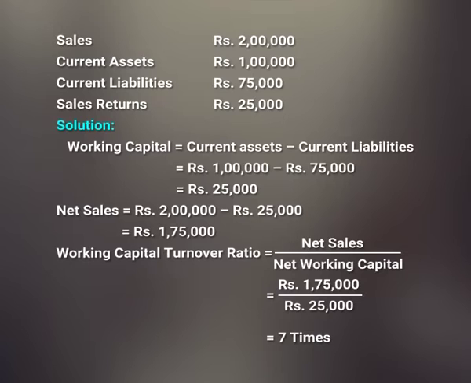Now, net sales is equal to rupees 2 lakhs minus rupees 25,000, which is equal to rupees 1 lakh 75,000. So, thus the working capital turnover ratio is equal to net sales divided by net working capital, which is equal to rupees 1 lakh 75,000 divided by rupees 25,000, which is equal to 7 times.